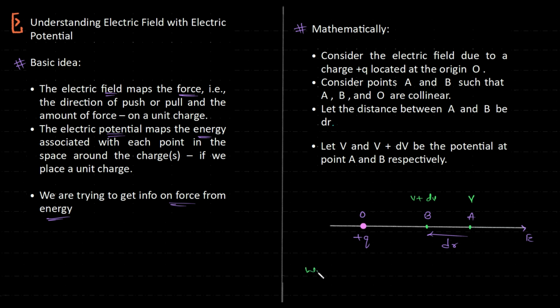Now, the work done on the test charge Q naught, right? We are moving Q naught. Work done on Q naught by an external force to displace it from A to B is given by what?